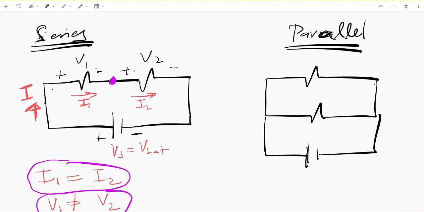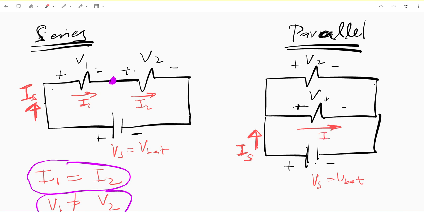Now in parallel, if we have a similar situation, V1 plus minus, V2 plus minus, minus plus. Again, this is considered Vs, or your V battery. The current leaving the source we normally call IS.